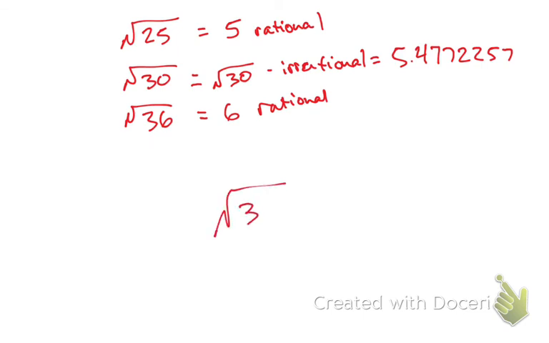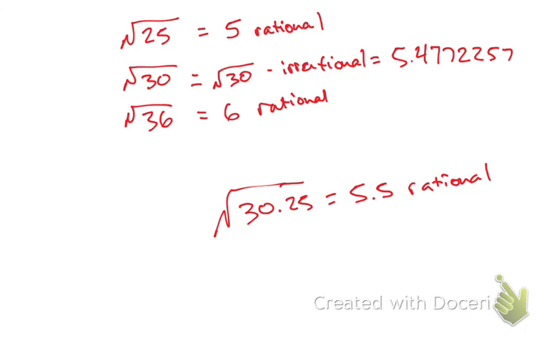In this case, if I have the square root of 30.25, I'm going to notice that that is not a perfect square. However, if I think about what I could multiply to get 30.25, and again, you're more than welcome to use your calculators to do this work, we're going to notice that our answer for this is actually 5.5. 5.5 times 5.5 is equal to 30.25, which means that that's a rational number because the 0.5 finished.